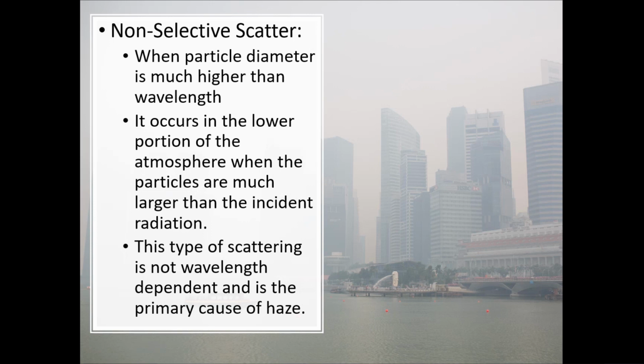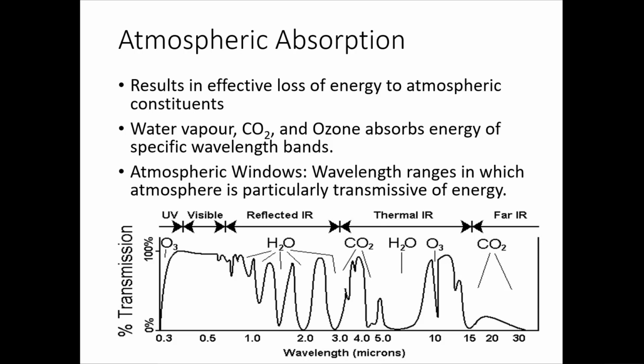Non-selectively it is scattered, so that the whole energy that is sensed by the sensor is dropped. That is why you get a hazy appearance like this. So this type of scatter is called non-selective scatter, and it happens when the particle diameter is higher than the incident wavelength. All right, so the next topic.